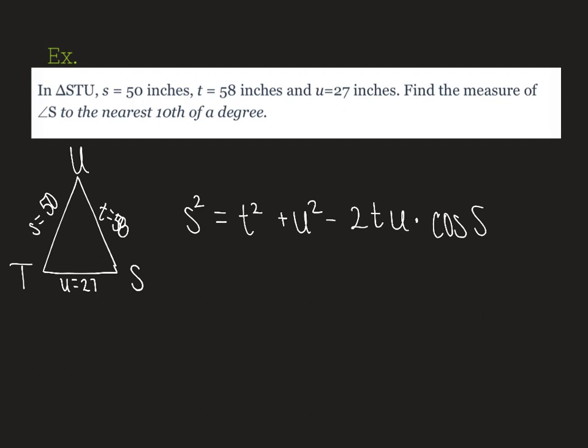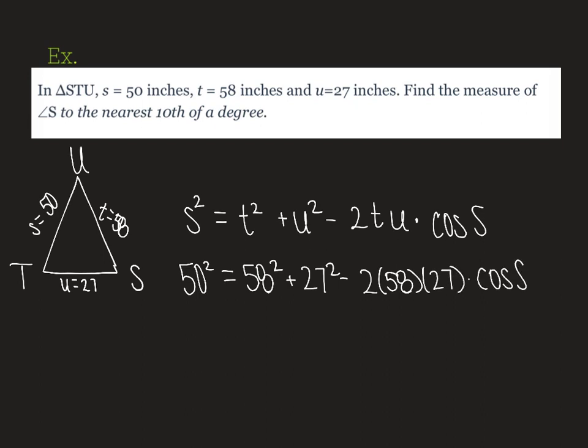So now we can fill in our values here. We know that S is 50, so we have 50 squared equals T squared, so that's 58 squared, plus U squared, so that's 27 squared, minus 2 times 58 times 27 times the cosine of S. Okay, so just like with the last problem, we have a little bit of algebra to do to simplify.